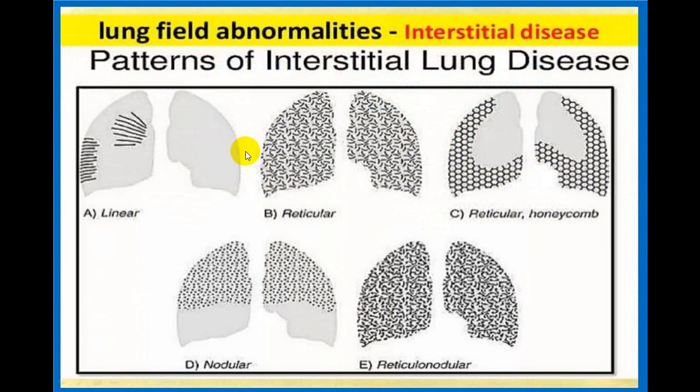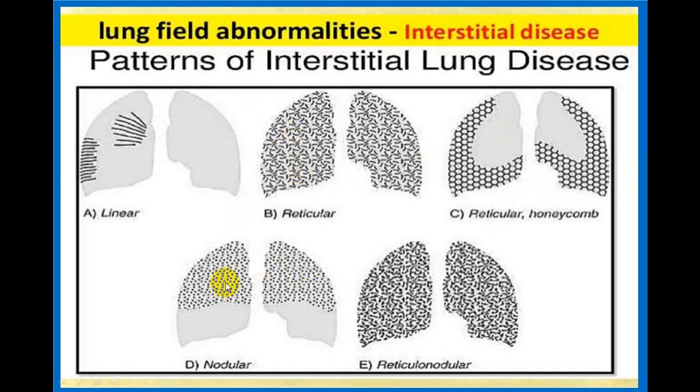In an interstitial disease, you get different patterns of radio opaque lines. You can get linear lines peripheral or close to the hilum. You can have a reticular pattern. You can have a honeycomb pattern, or it is called reticular honeycomb pattern. You can have a mixture of reticular and nodular pattern. These are nodular, small nodules.